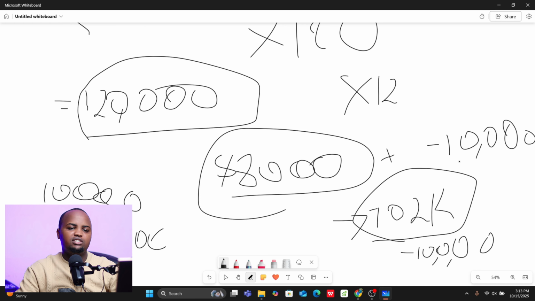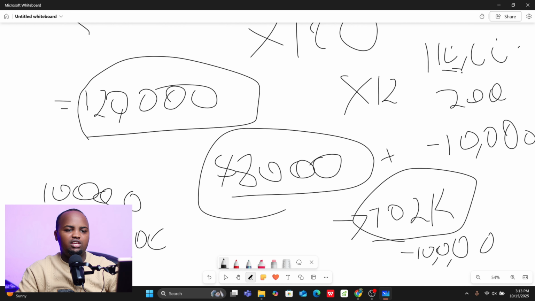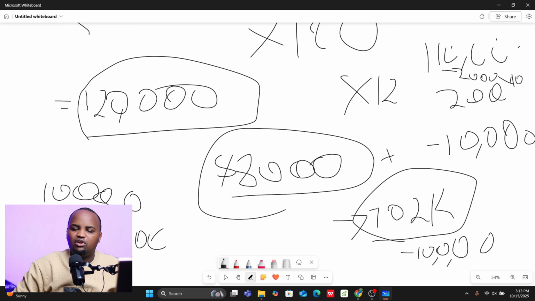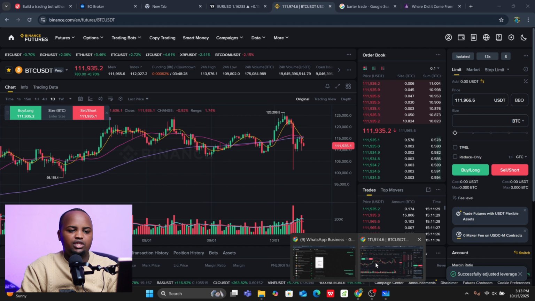If the price goes even slightly below, like let's say it goes to 110 from 112, you have lost all the money, because it is 2,000 down from 112, times 10, and that is 20,000. So that's how dangerous leverage is.